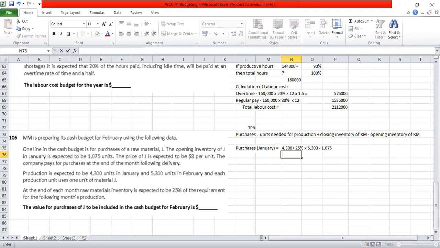How much is that? Calculate. Ma'am, I got 4,550 units.